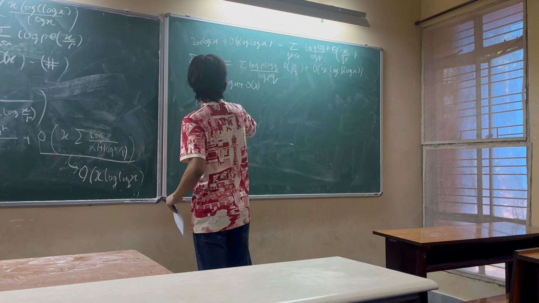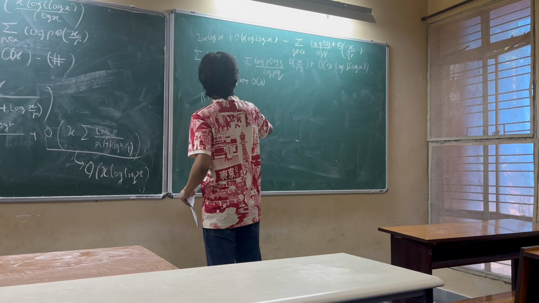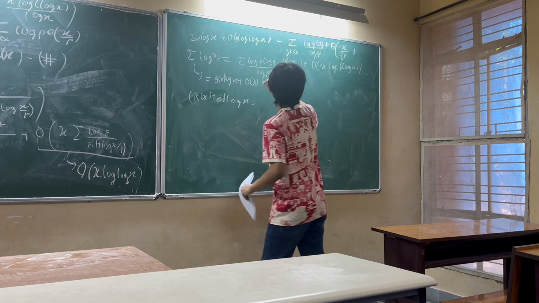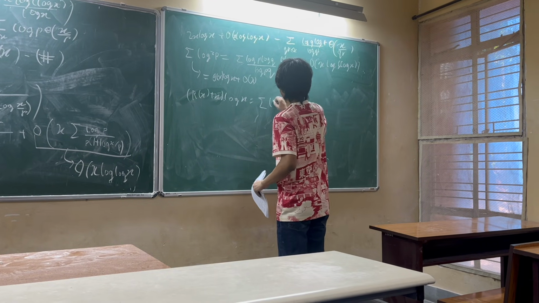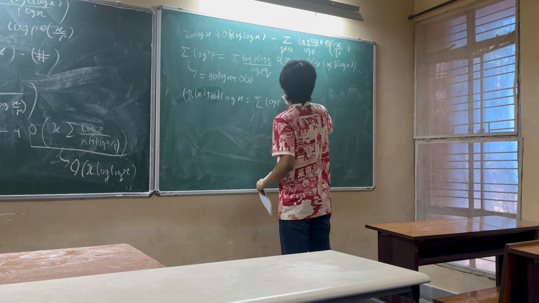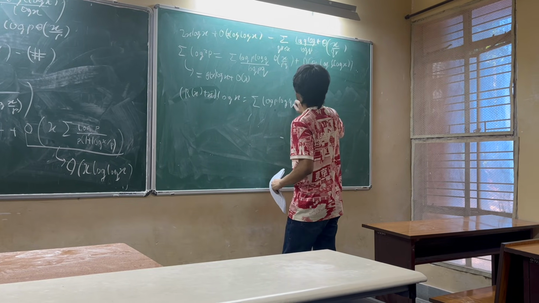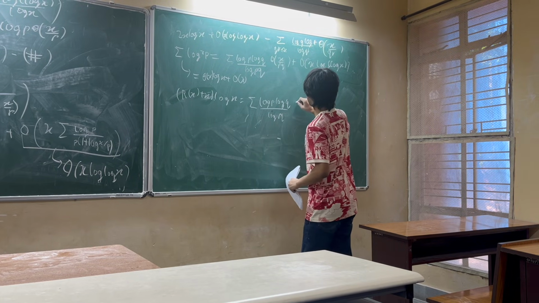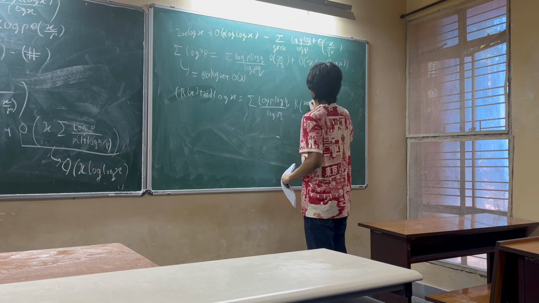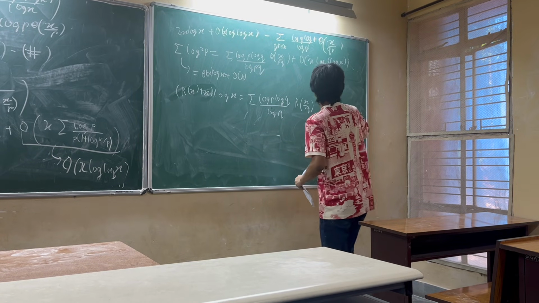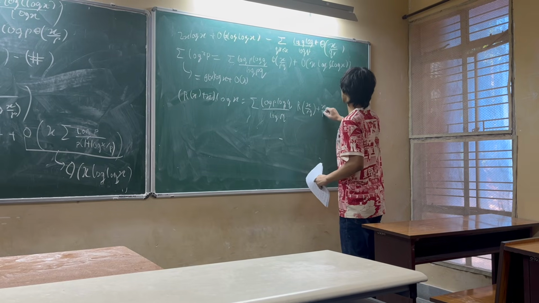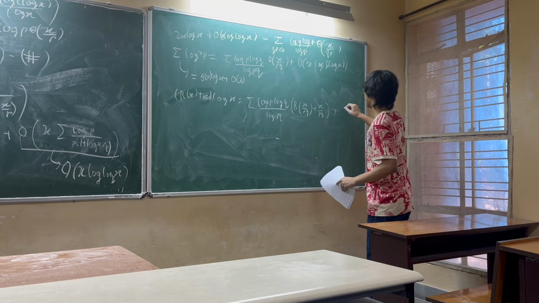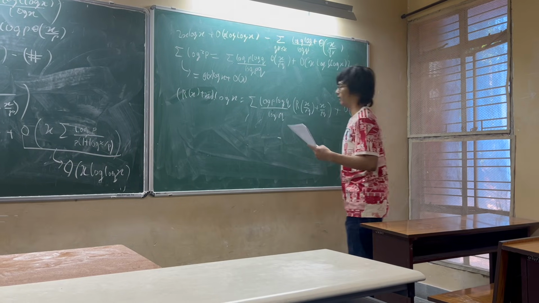So what we do here is we say R(x) plus x log x is equal to whatever we had here: log p log q by log of p cube, and then here you have R of x by p cube plus x by p cube, and this order term stays as it is.